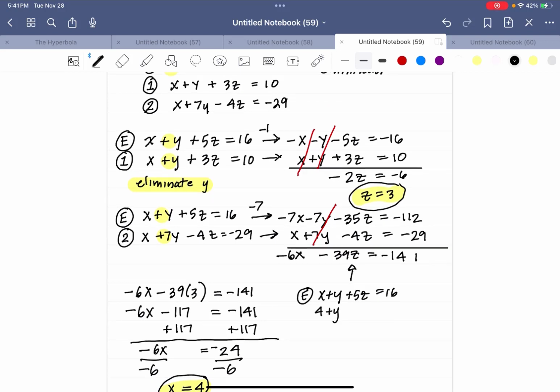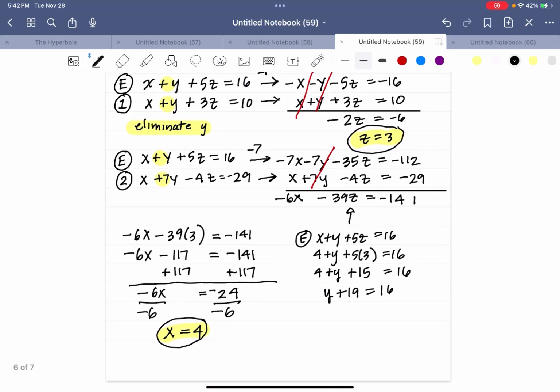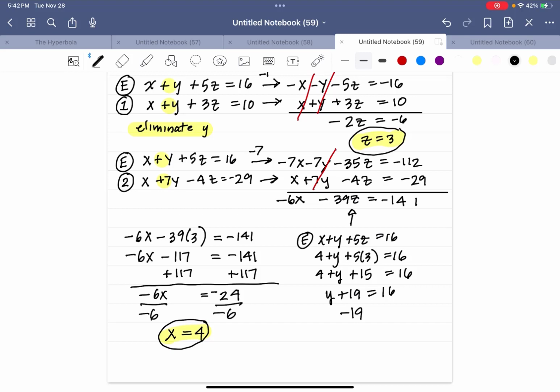Y we don't know. 5 times 3 has to be 16. So that's 4 plus y plus 15 is 16. That's y plus 19 is 16. Subtract 19, y is -3.